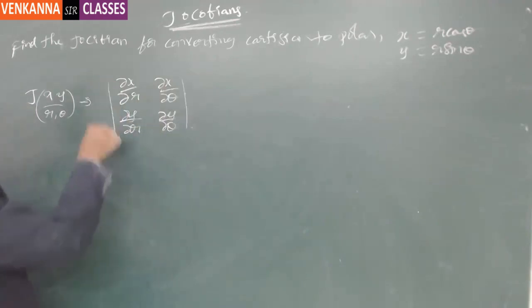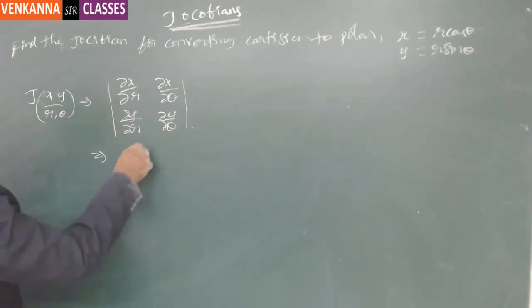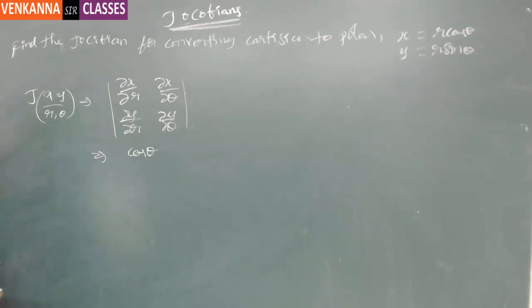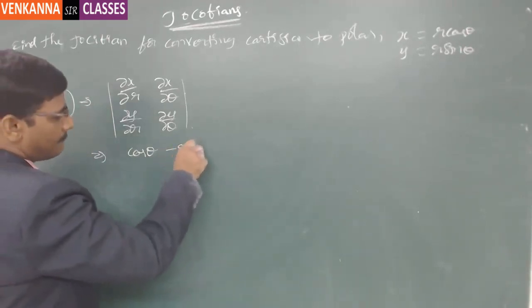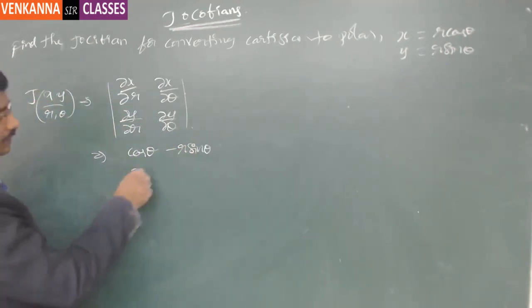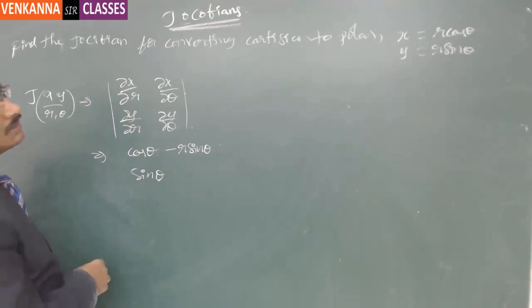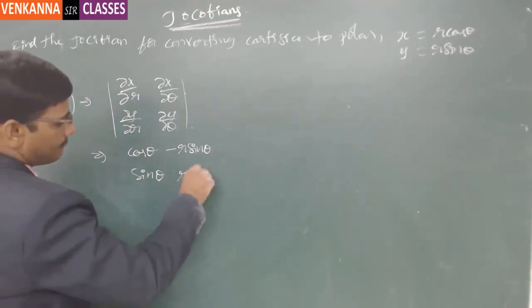Here dou x by dou r is cos theta, dou x by dou theta is minus r sin theta, dou y by dou r is sin theta, and dou y by dou theta is r cos theta.